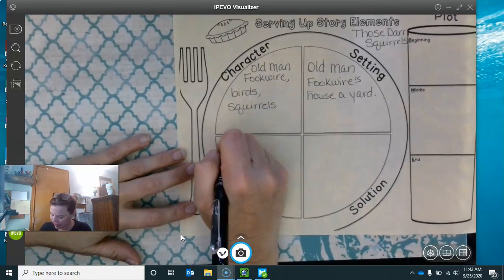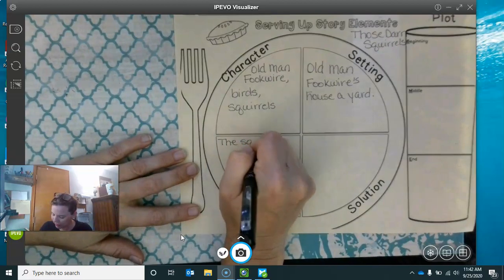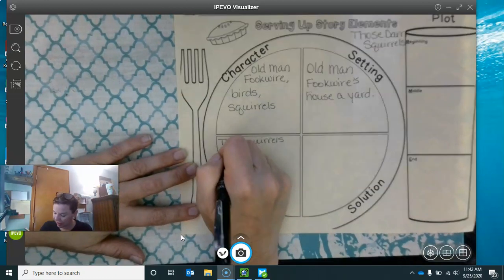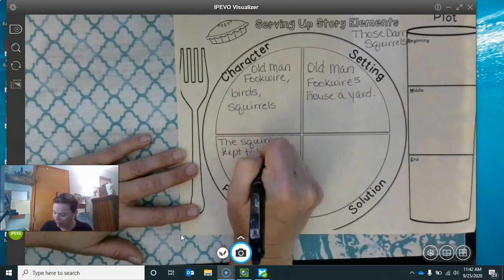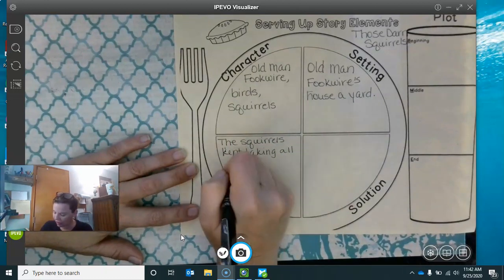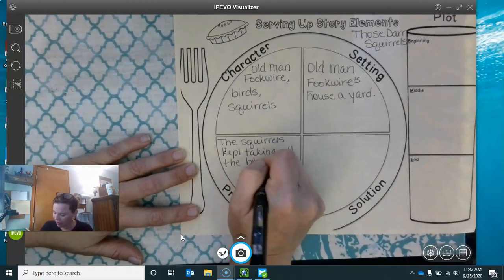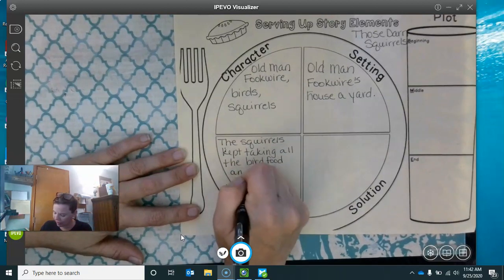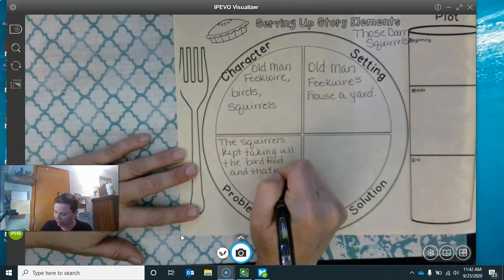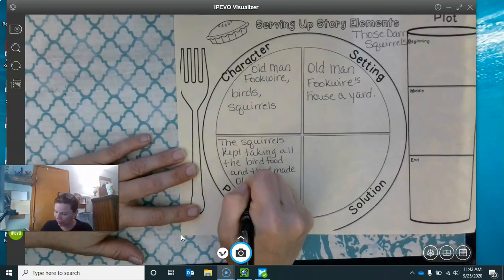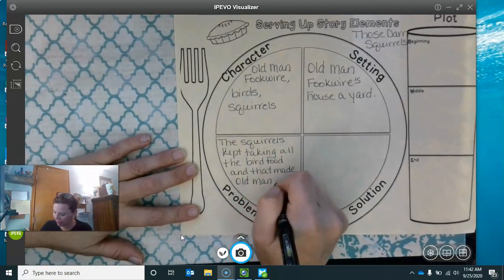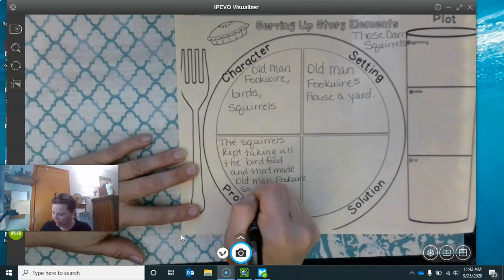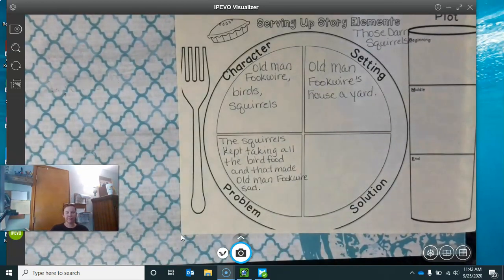So the problem was the squirrels kept taking all the bird food and that made Old Man Forkwire sad. Now, there were several problems in the book.